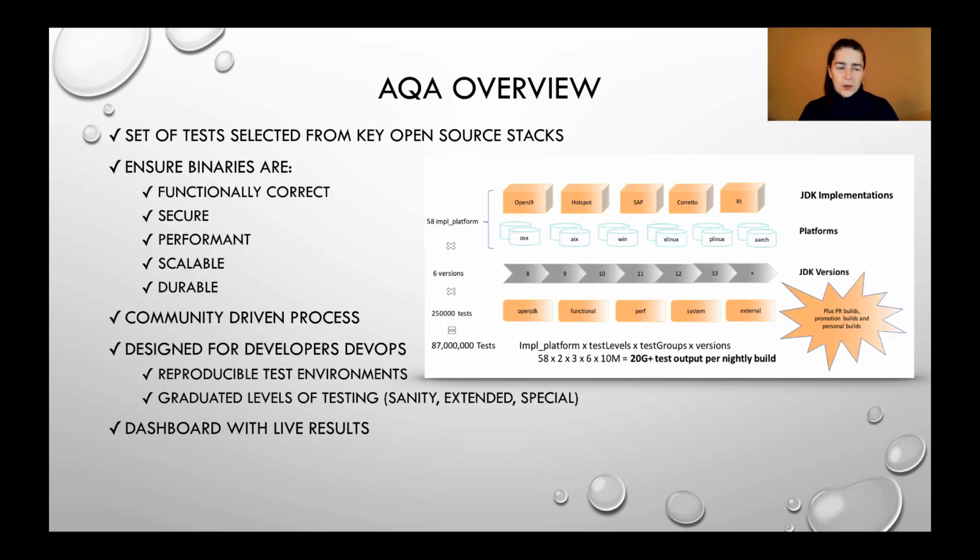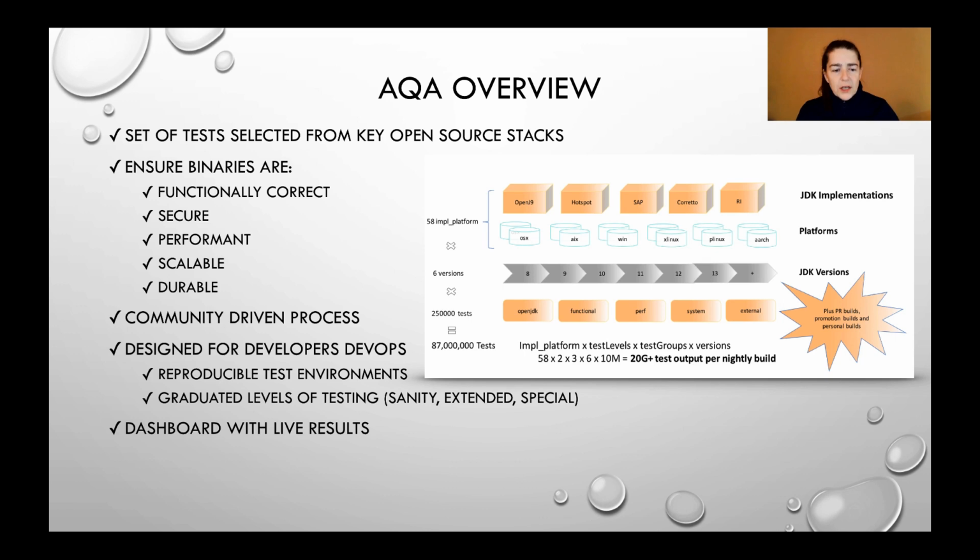All right, so the AQA overview, what is it? It's really just a set of tests from key open source stacks. It ensures that we are, again, meeting those enterprise requirements that I've mentioned previously, that they are functionally correct, secure, performant, scalable, and durable. It's a community-driven process, and it's designed really for various stakeholders.